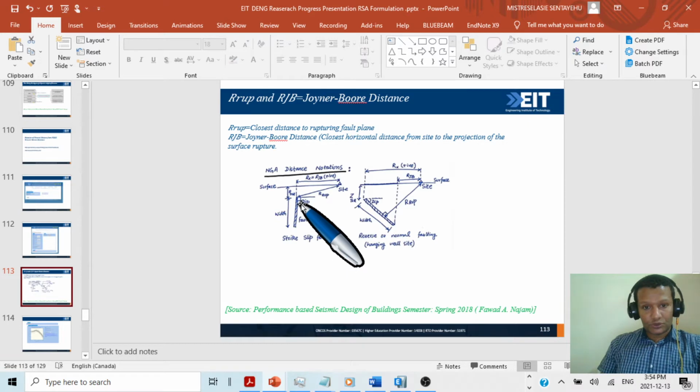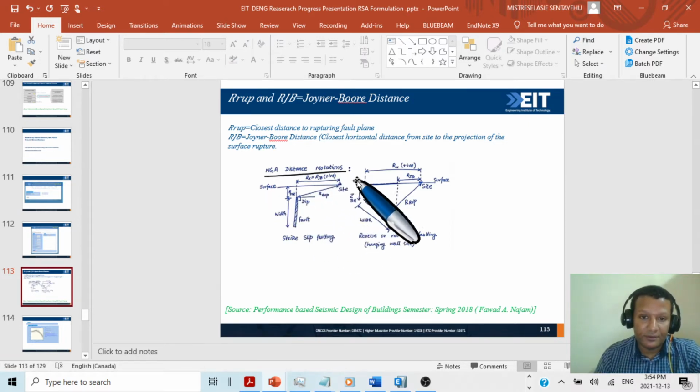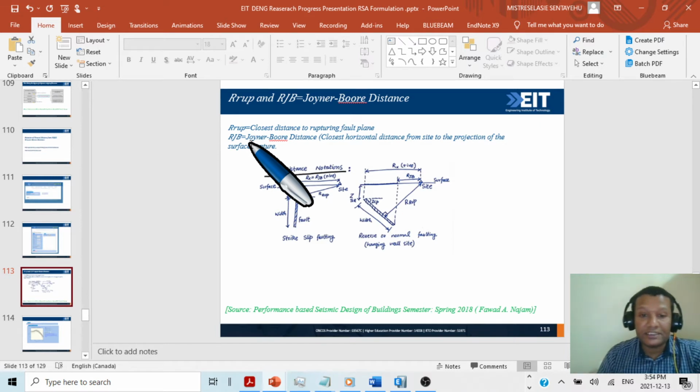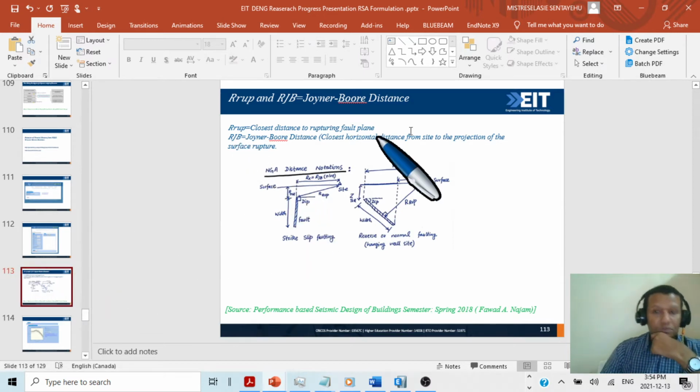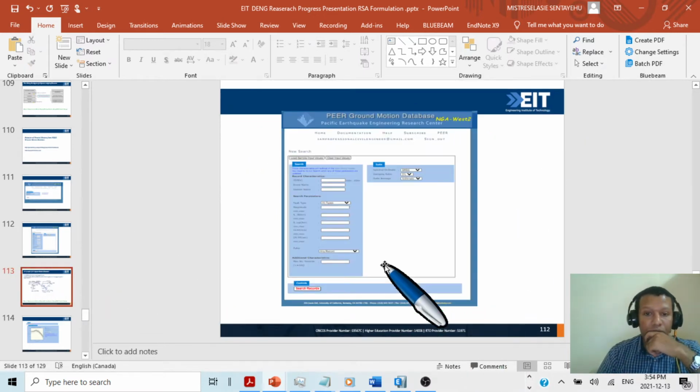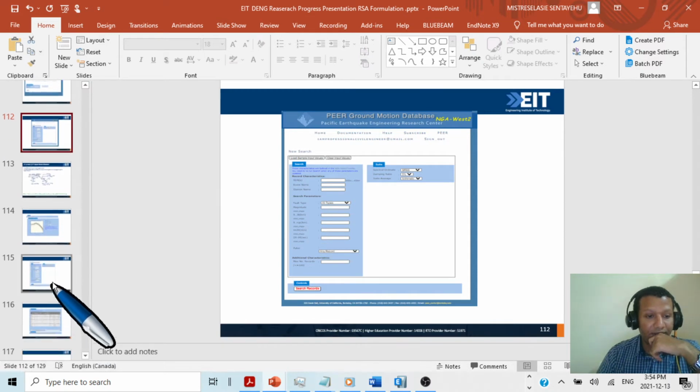This one from here to here, the closest distance, this is R rupture. But if we project it to the surface and from the surface to the site, this is called RJB. This is the easiest explanation of what R rupture and RJB are. So once you know your site, R rupture is the closest distance from the rupture and the projected one is RJB.